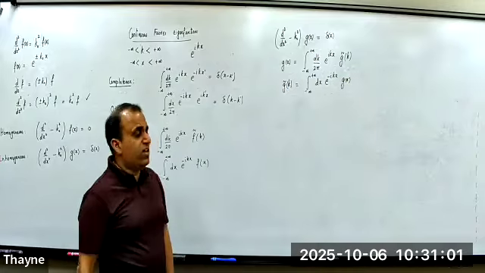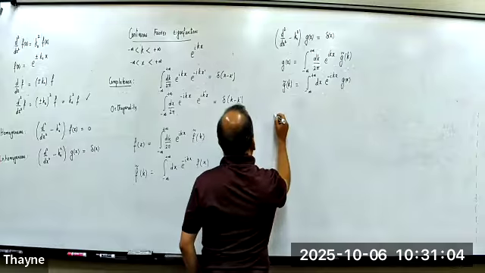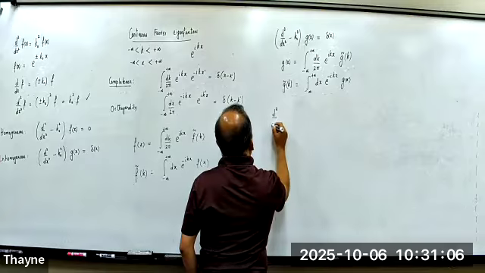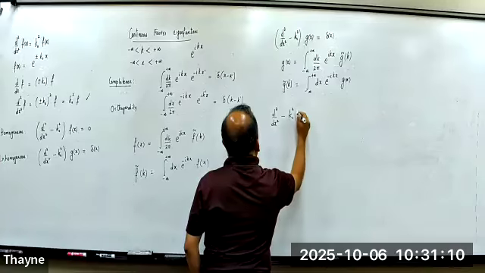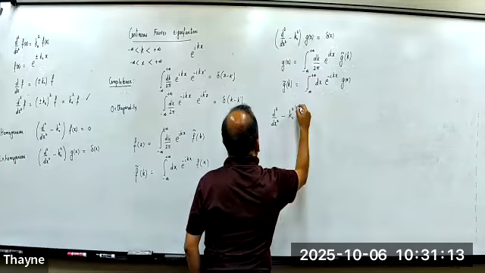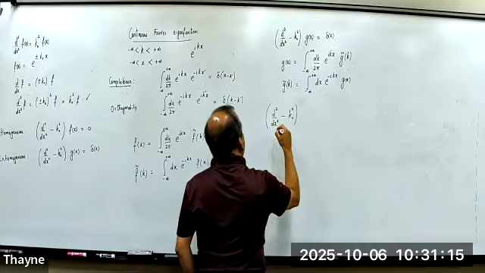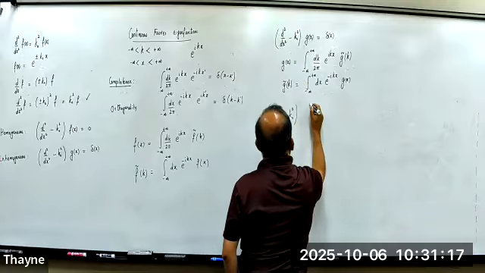Substitute g of x in the differential equation. So we have the second derivative minus k naught squared times g of x, I'll substitute this.